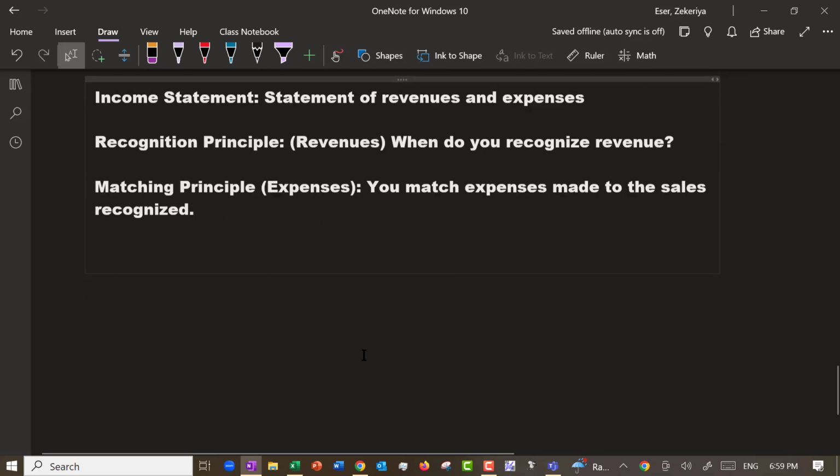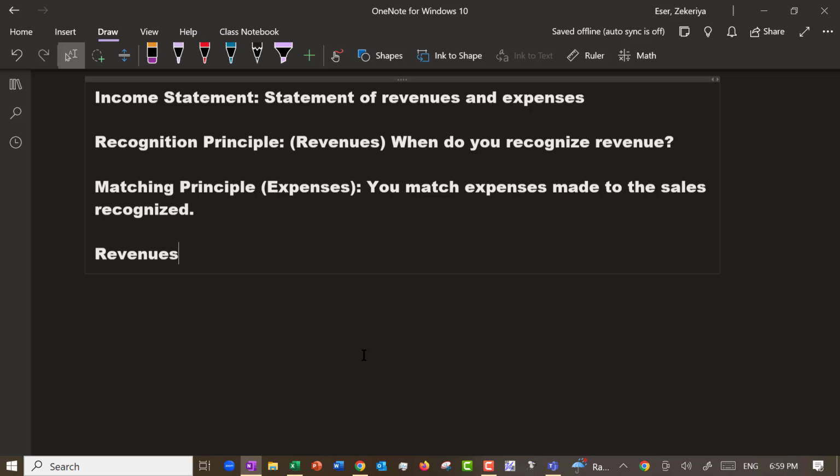Now, the way the income statement is organized, again, it's organized with a view towards telling a story that gets deeper and deeper. First, we look at general stuff. And this is called the top line.